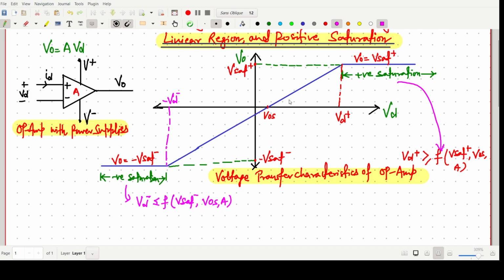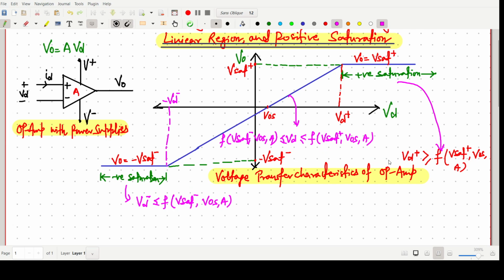Similarly, for the linear region of operation, this Vd range will be a function of V sat plus, V naught S and A on this side, and here we can write V sat minus and V naught S. We will calculate each and everything, but for the time being we write it like that.